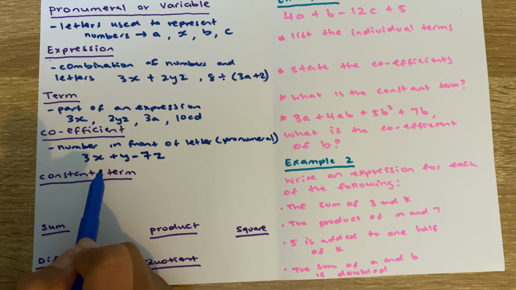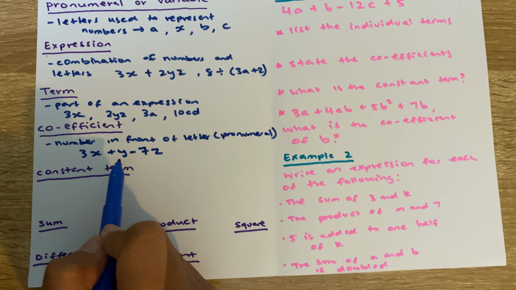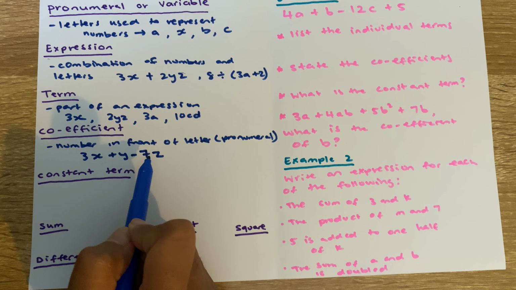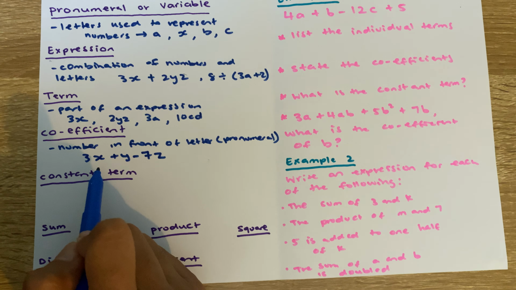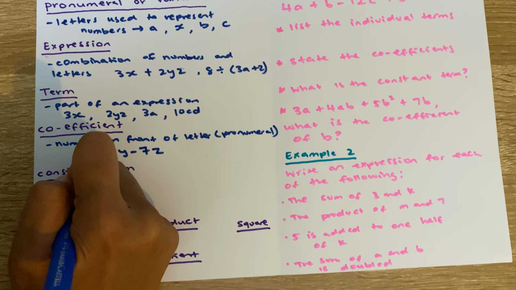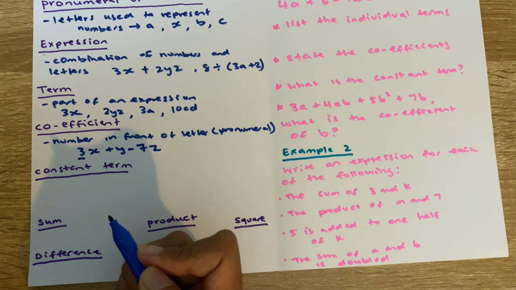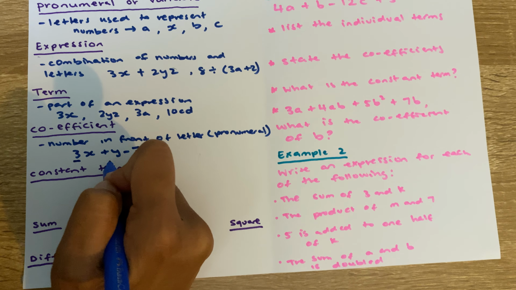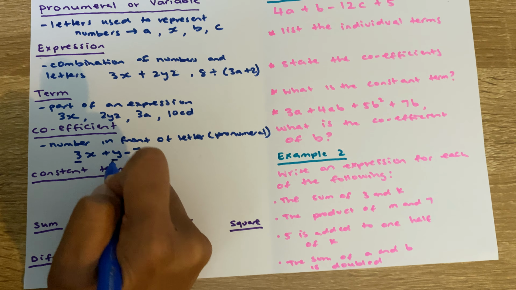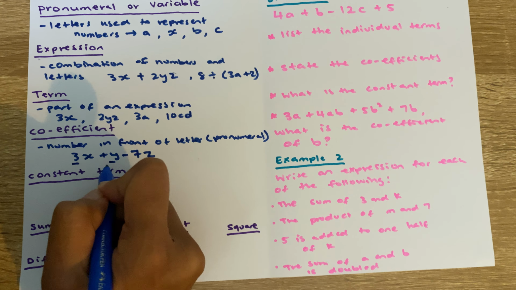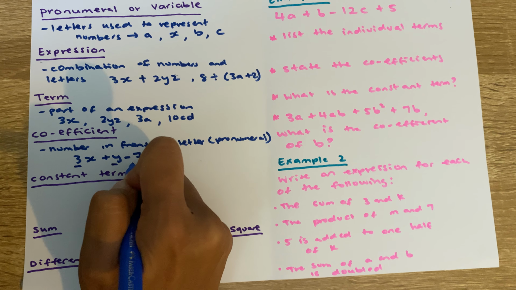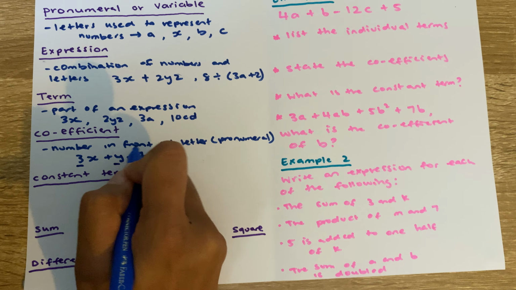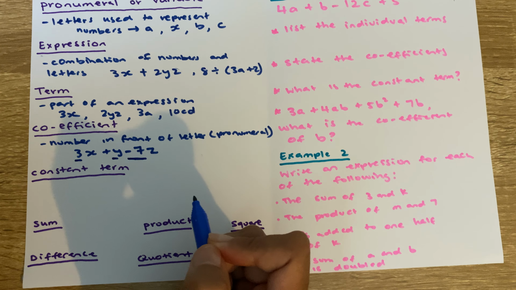All right, we've got 3x as a term, we've got y as a term, and we've got 7z as a term. Okay, the coefficients are the numbers that come in front of each of these. So the coefficient of x is 3. The coefficient of y, because there's no number there, we imagine the number 1. Okay, so the number 1 is the coefficient of y, and in front of our z, we've got a -7. So the coefficient of this term is going to be -7.